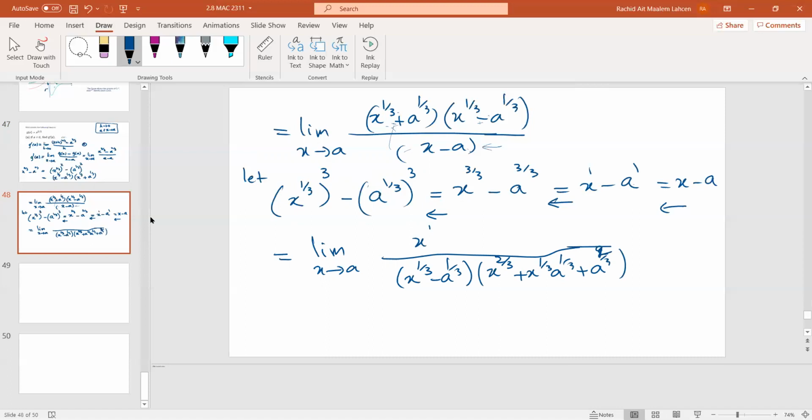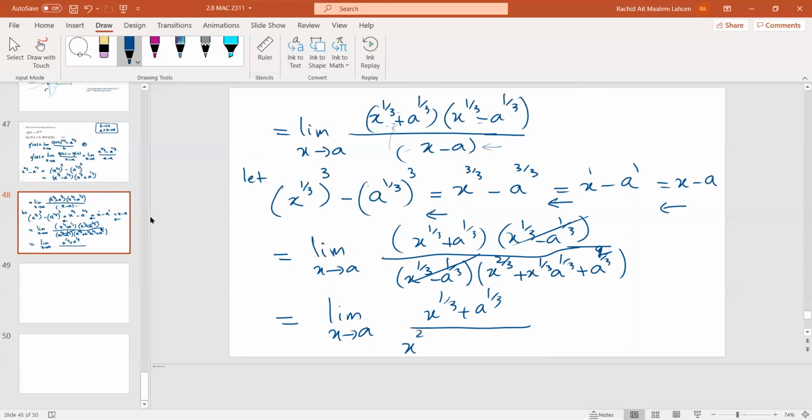All right. And now that will allow this to cancel. And now this allows us to have x^(2/3) plus x^(1/3) a^(1/3) plus a^(2/3) at the bottom.